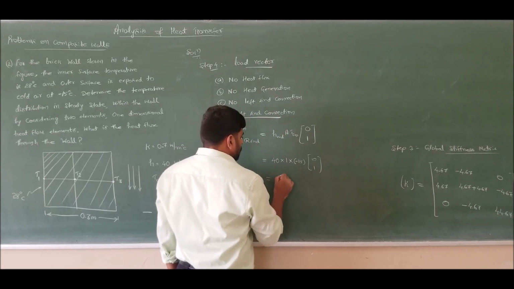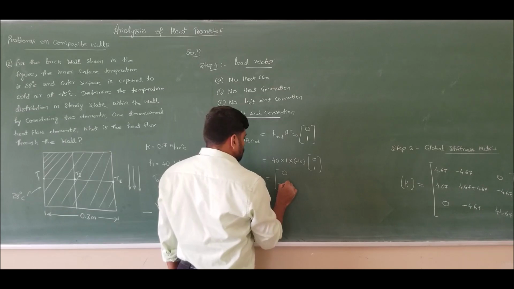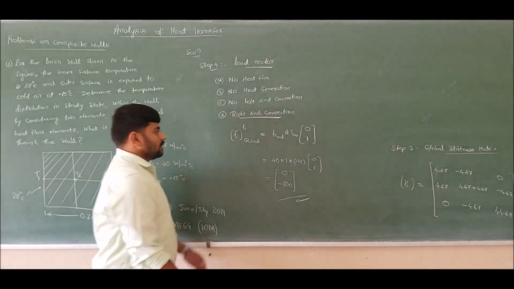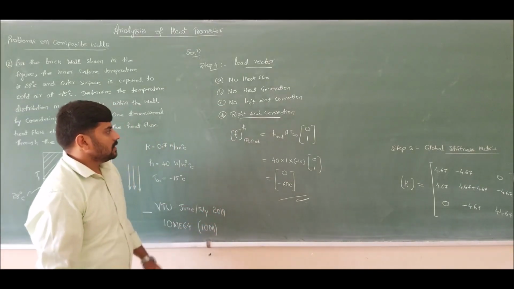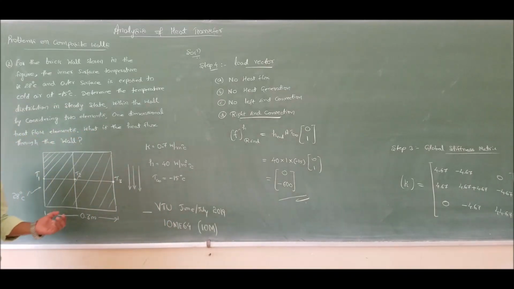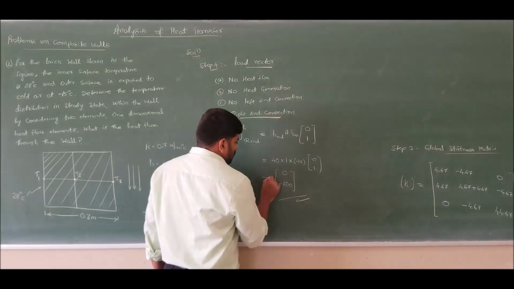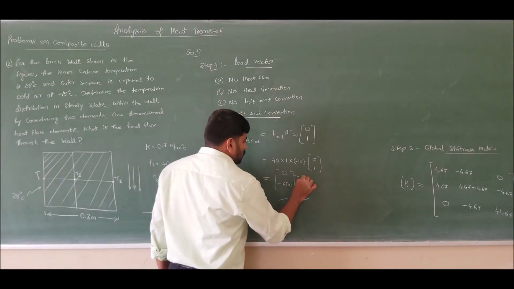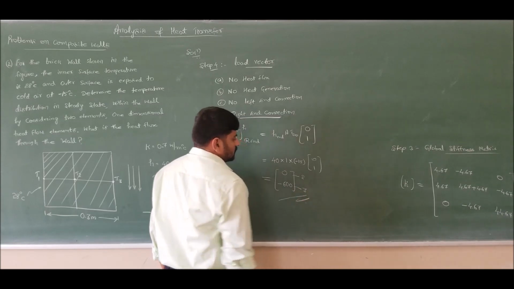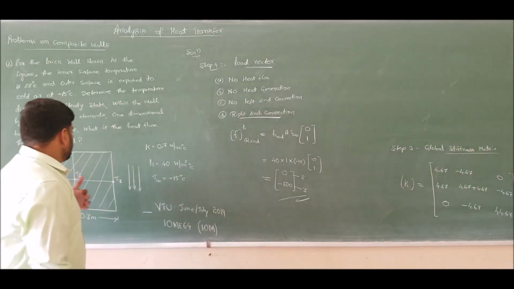If I simplify, I will get the value as 0 and minus 600. The right end convection is for element number 2. The node numbers for element 2 are 2 and 3, so the 0 is at node number 2 and the minus 600 is at node number 3. For element 1 we don't have any loads.